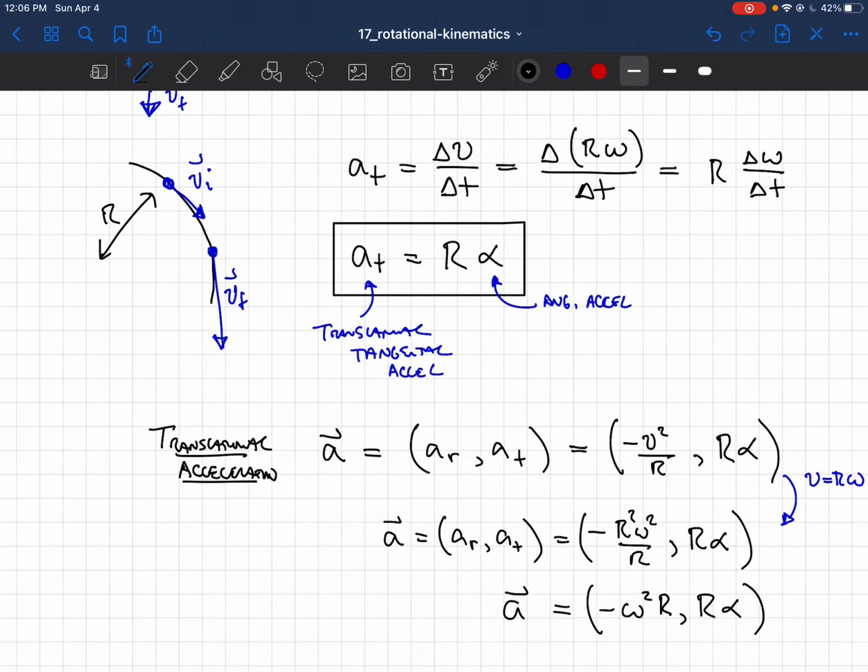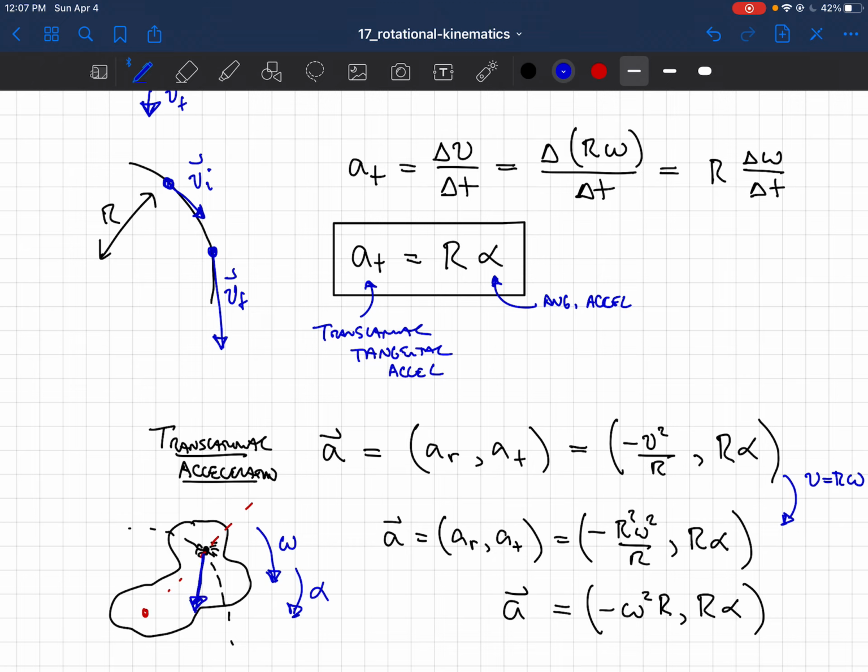So we can write the translational acceleration of a bug sitting on a rotating object. Here's our rotating object, here's our axis, and here's our bug. It will be traveling on a circular path. If it is not only rotating, but also accelerating in its rotation, then the acceleration vector of that bug will point partly inward and partly forward.